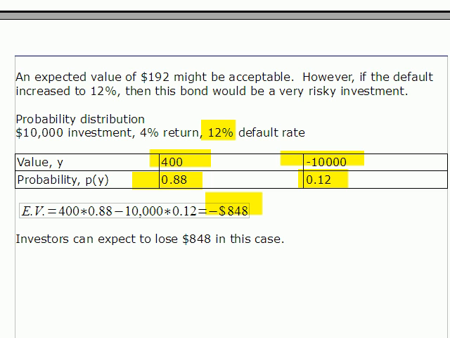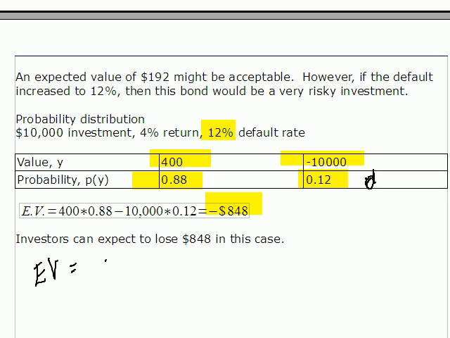Now on the homework, I asked you to find the default rate at which the expected value would be 0. So let me show you how to set that up. Okay. The expected value, let's just use this case, is 400. Let D be the default rate.